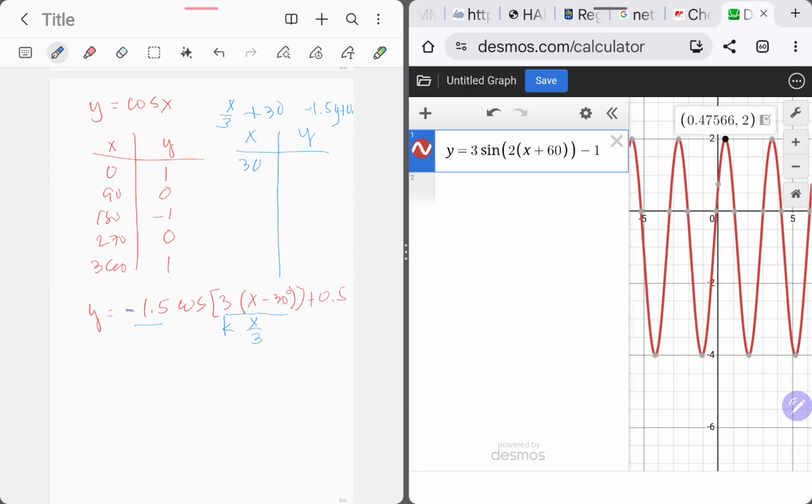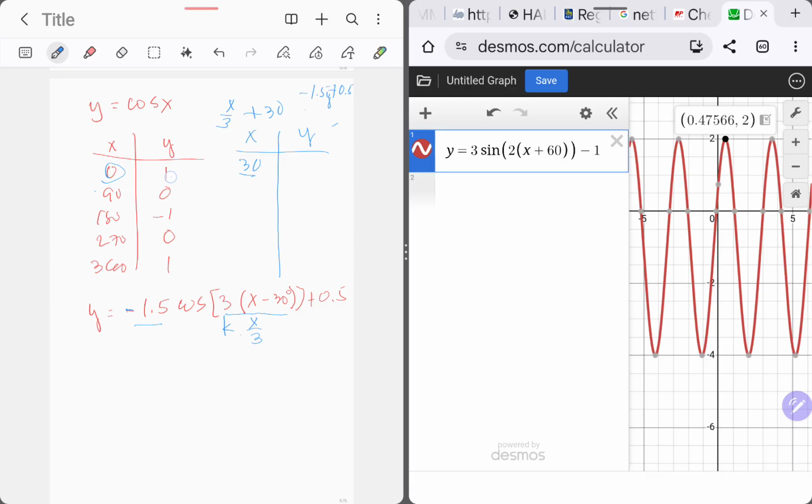Sorry, that's negative 1.5y, sorry, this is y plus 0.5. So when x is equal to 0, your x here becomes 30. 0 over 3 plus 30, that's 30.